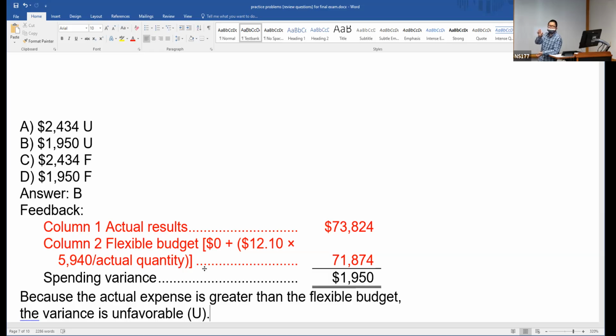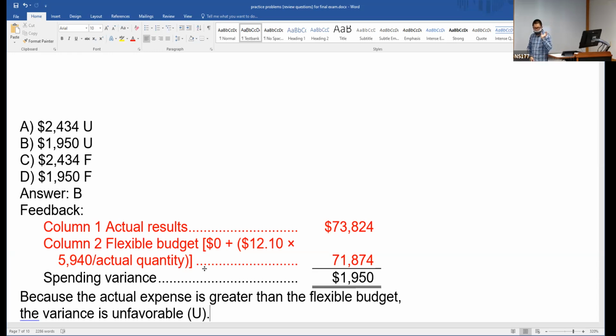However, the difference between column 2 and column 3 is not meaningful because it arises only due to the fact that our actual output is different from the planning output. And this has nothing to do with the CEO's ability or efficiency. So most of the time, our focus will be on the difference between column 1 and column 2.